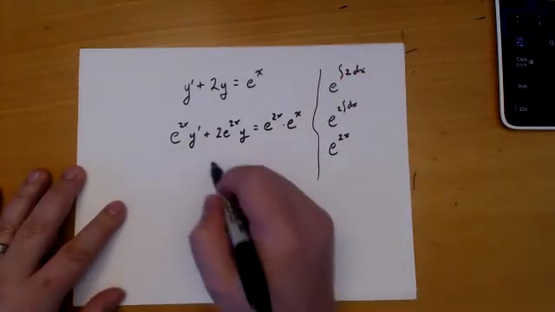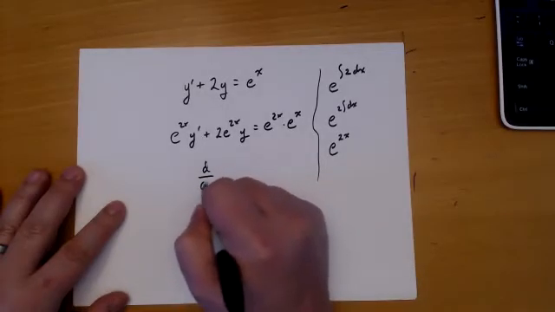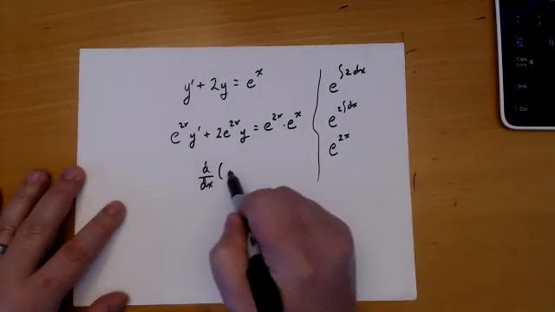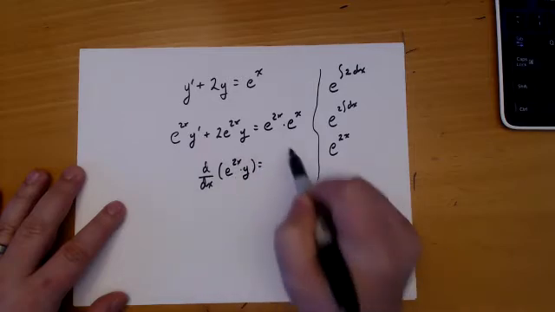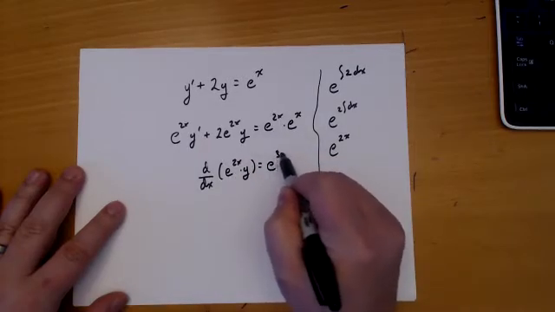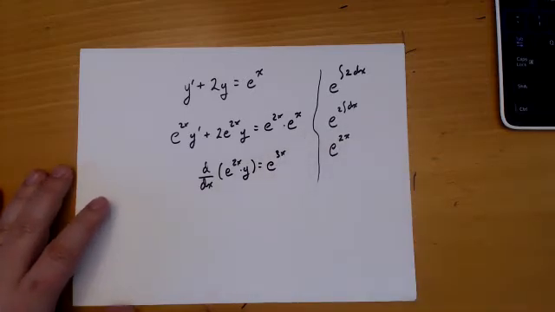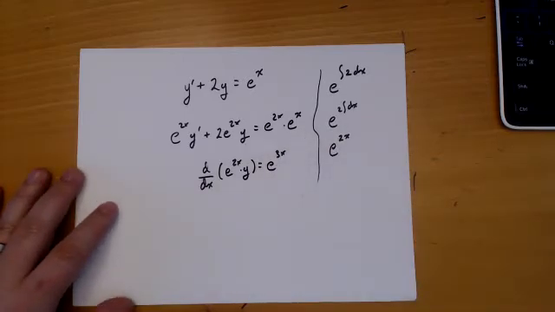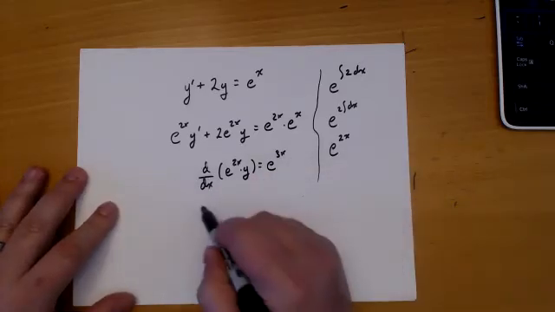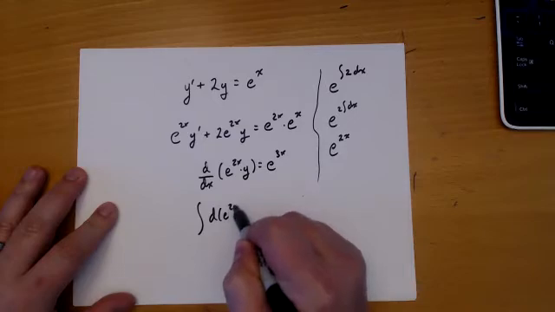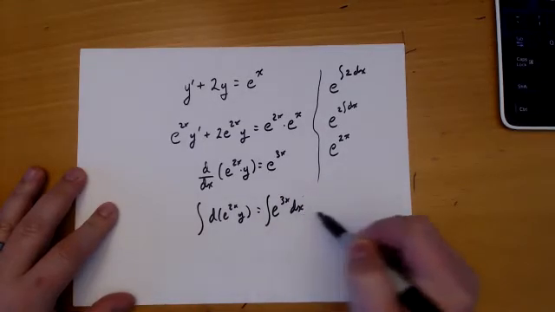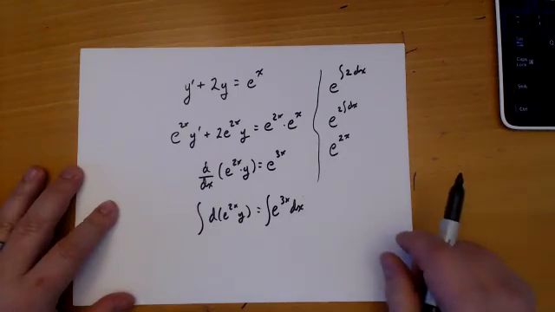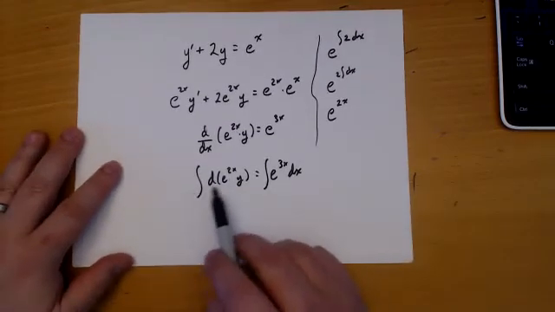And this guy boils down to d dx of my integrating factor times y. And this combines to e to the 3x. I bring the dx over and integrate both sides. This guy just becomes itself.